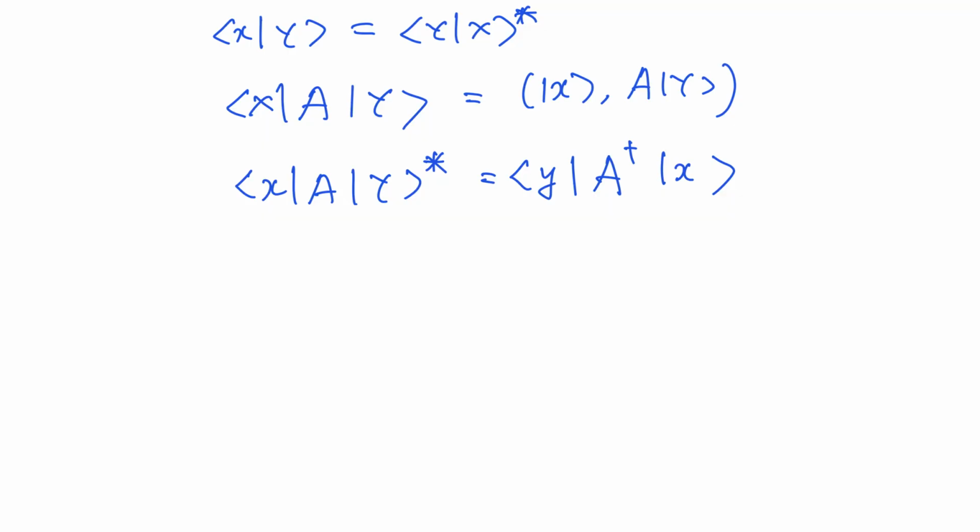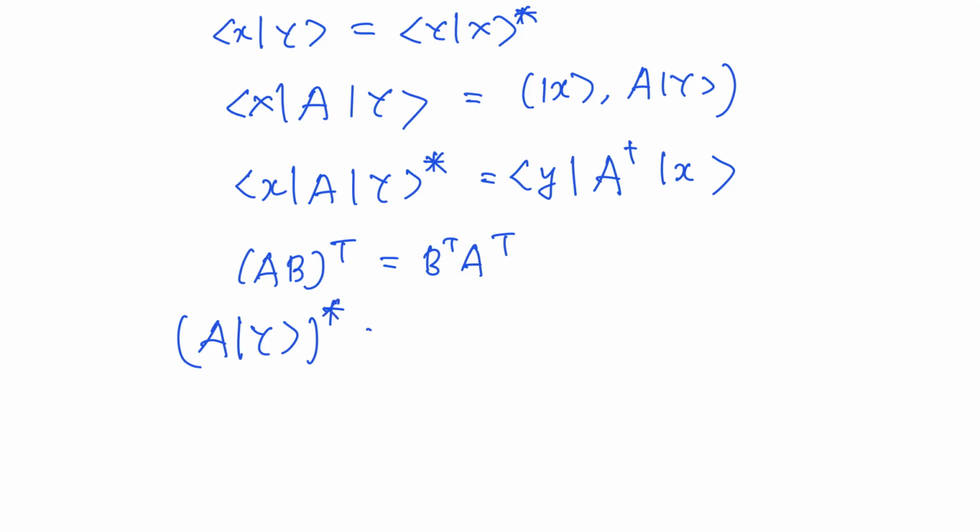We have shown previously that when you do matrix multiplication of two matrices, when you have (AB) transpose, what do you have? B transpose, A transpose, right? So the transpose of (Ay) is y transpose, A transpose, right?